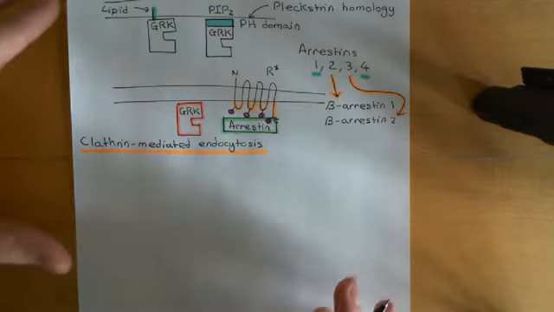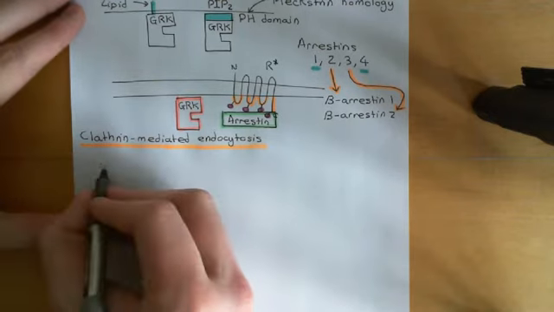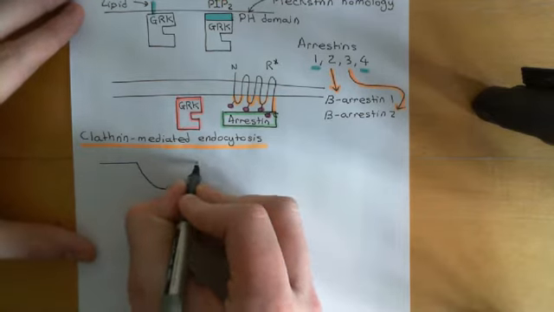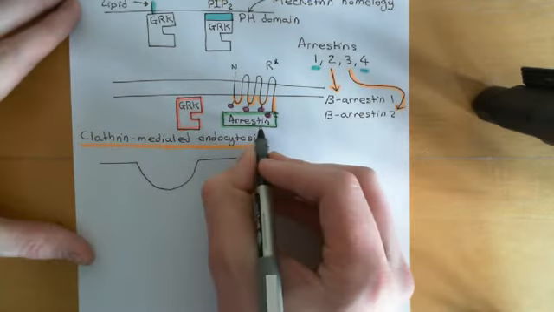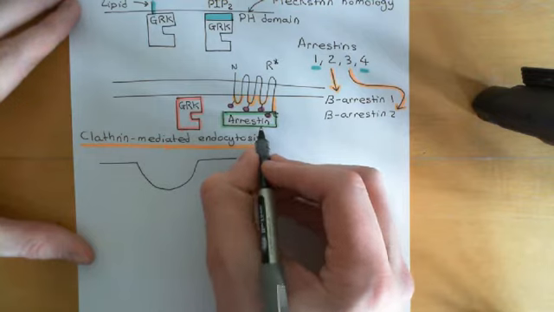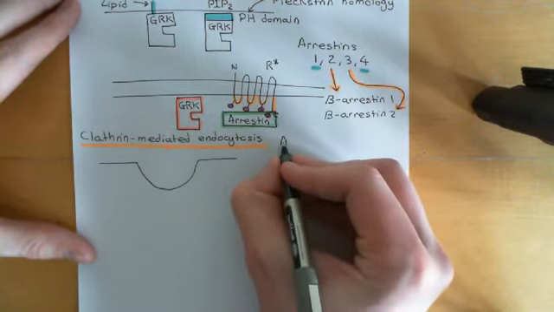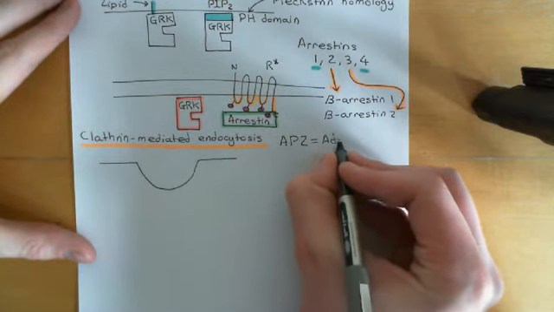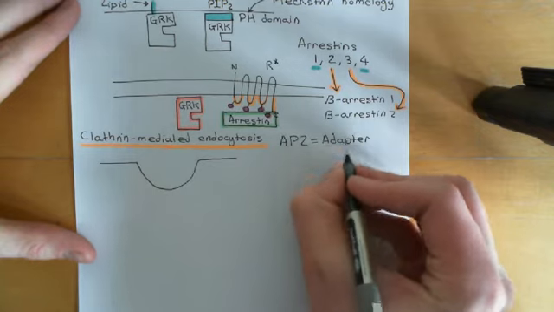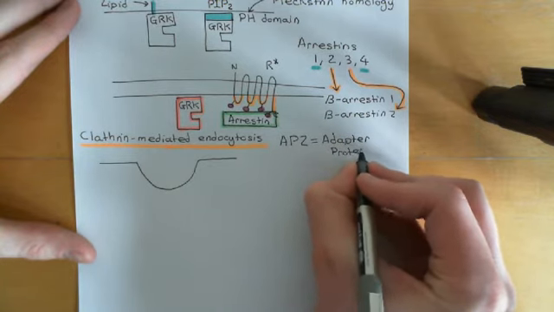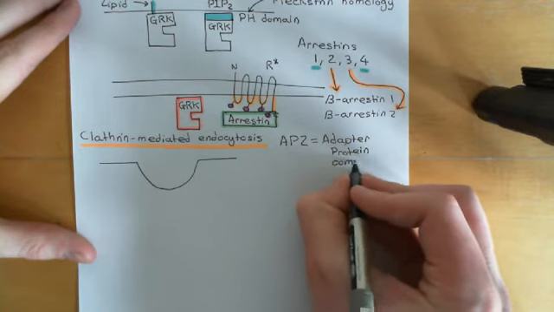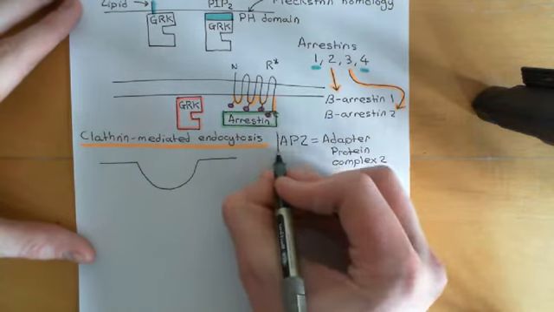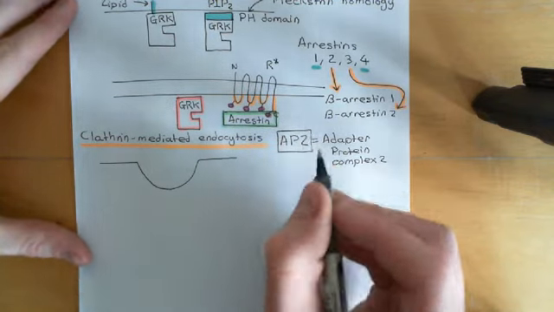Right, so let me discuss this. We're going to draw these pictures a little bit smaller, because if you draw them bigger, they take absolutely ages to draw. What's going to happen is, onto our arrestin here, a complex known as adapter protein complex 2, which we'll abbreviate to AP2, is going to bind. It's a multi-protein complex, actually composed of 4 separate proteins, but we will just draw it as a square with the letters AP2 written in.